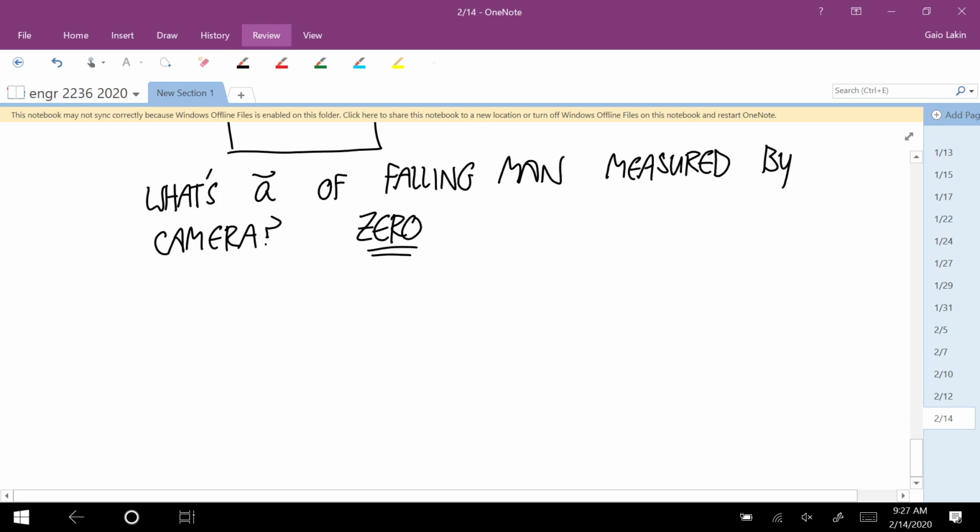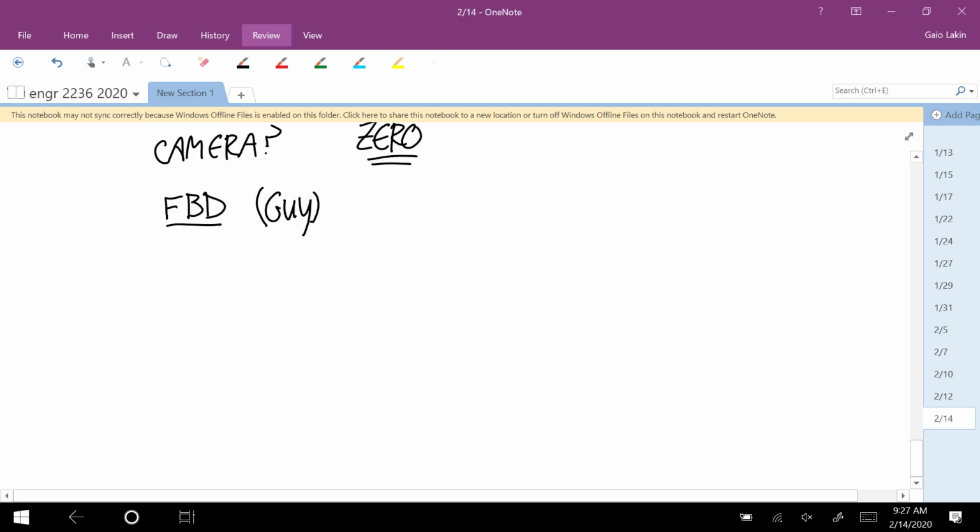Now let's do a free body diagram of the guy. What forces are acting on him? There's only one: just the weight. So there's mg acting down.